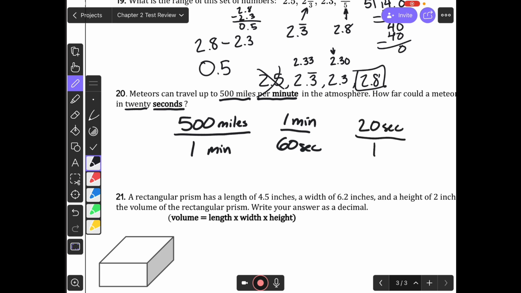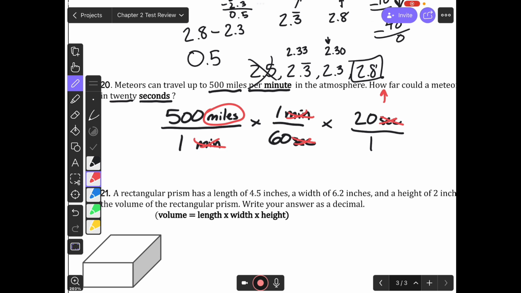Right, we're going to make this just look like a fraction. This is kind of our general setup because we actually get to cancel out our minutes, just like numbers would cancel out top and bottom, and seconds, and we're just left with miles, which is what we want because it's asking how far. Miles is a measurement of distance.